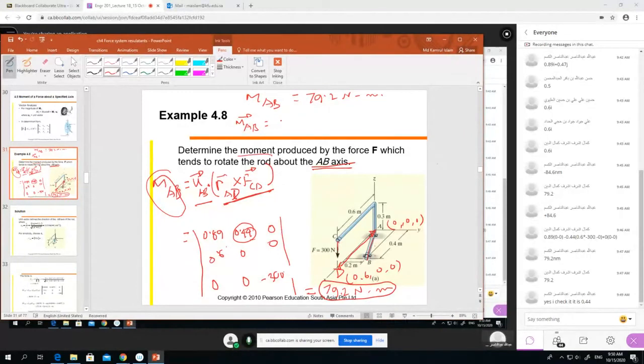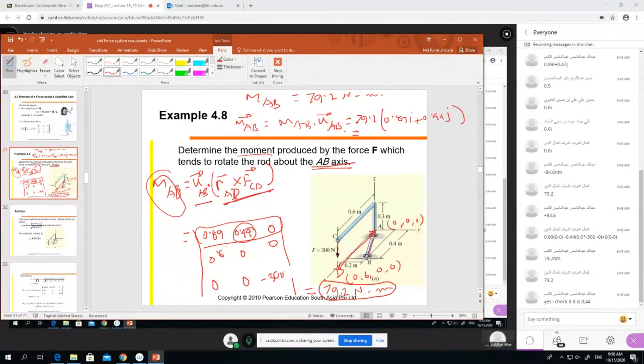So we have the moment AB and only multiply by the unit vector. Then we will get the vector. So 79.2 into what is the unit vector? Unit vector AB was actually this one, right? So 0.89I plus 0.44J, and that's it. And K is 0. Okay.